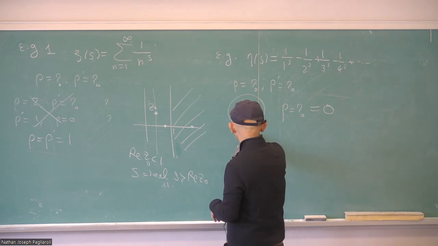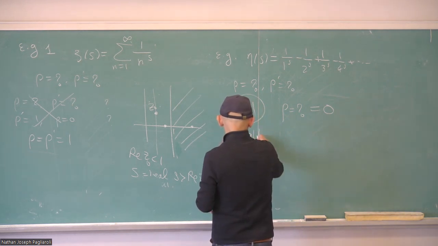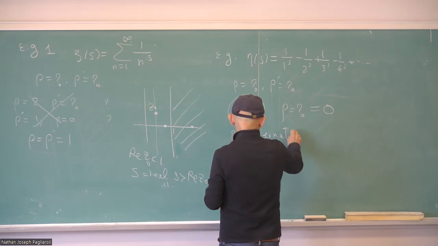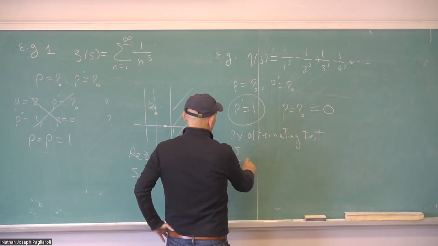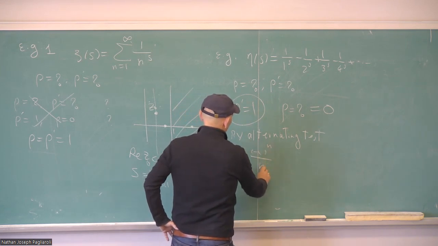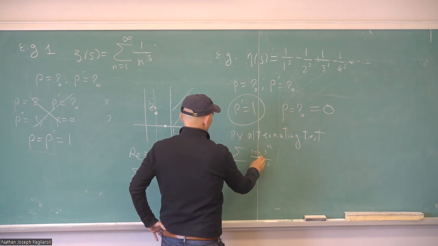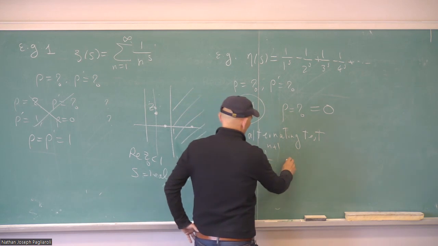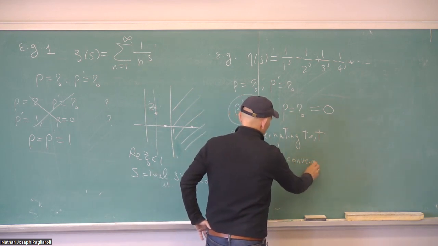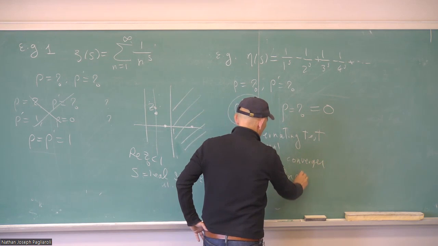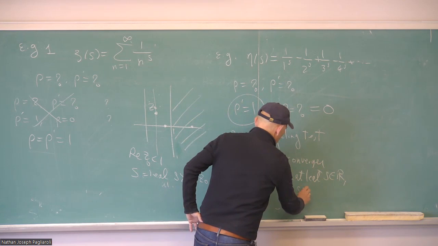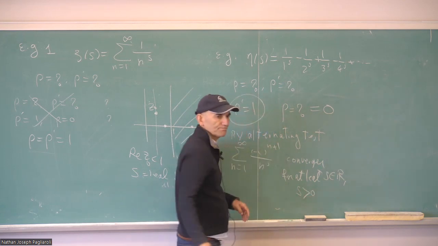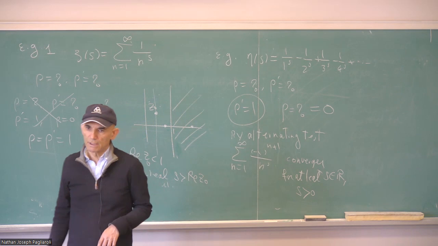So by the alternating test, the sum of (-1)^n / n^s from n equals 1 to infinity converges for at least s belonging to R and s bigger than 0. That's what the alternating test tells us.